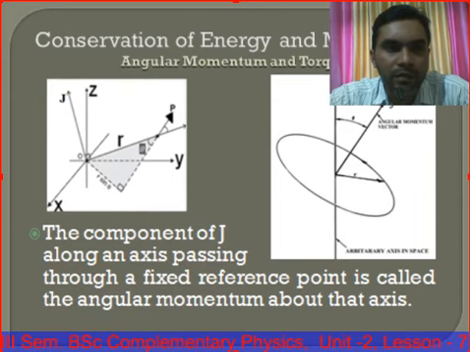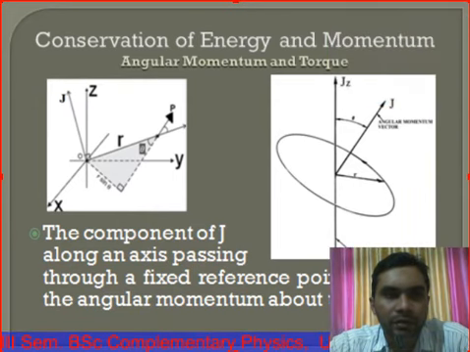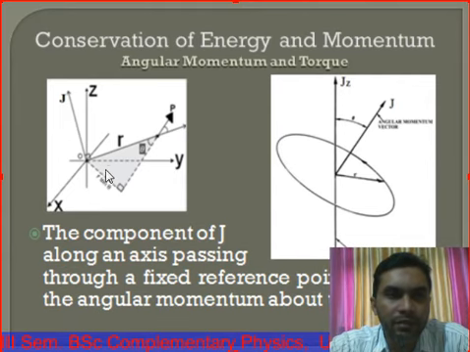Now about the direction of angular momentum. We can see that angular momentum is a vector quantity. Here in this picture, the position vector r and the linear momentum vector p are not in the xy plane.